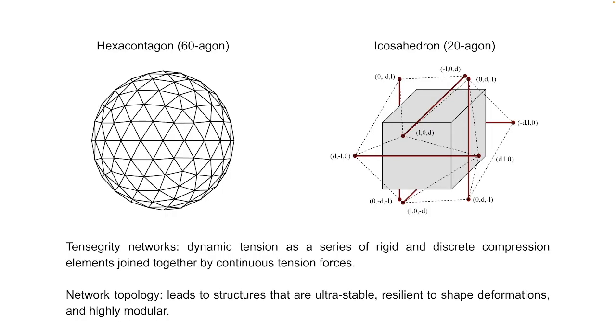So this is an example of a tensegrity network. We talked about the 6-diagon already. This is a sphere. This is something that's stable, that's round, so it's biological in that sense. So we have that type of structure, but we also have other types of structures like the icosahedron or this 20-agon on the right.